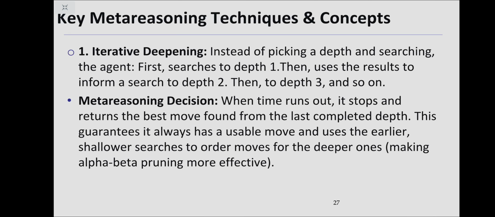For example, iterative deepening is a kind of meta reasoning because instead of DFS, you check the first depth. If the goal is not found in the first level, you extend your attention to depths 2 and 3 and so on.